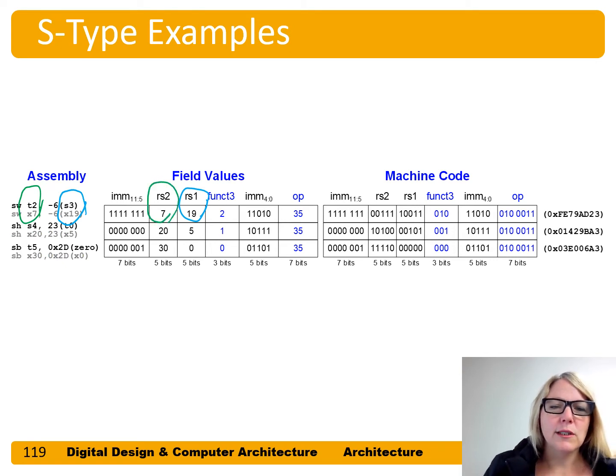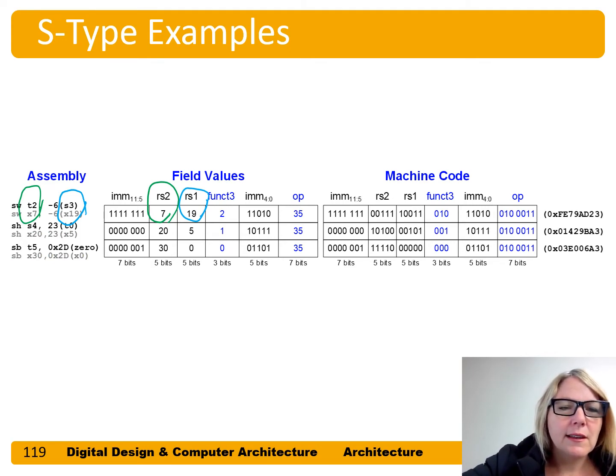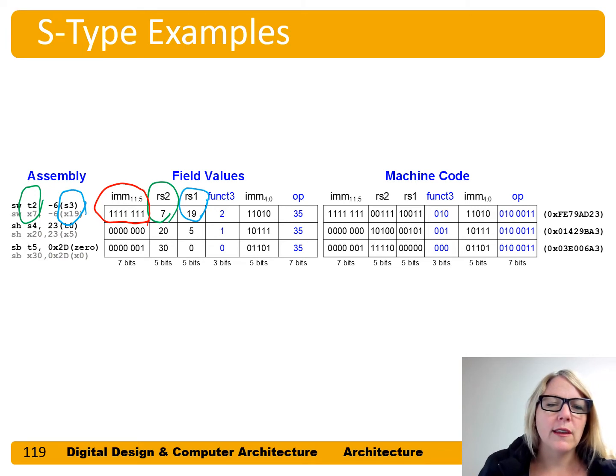That's RS2. And then we have this immediate field, -6. -6 is all ones and then 0, 1, 0. The upper 7 bits are stored in the upper bits of the instruction, and then the lower 5 bits are stored right next to the opcode, so lower in the instruction bits.